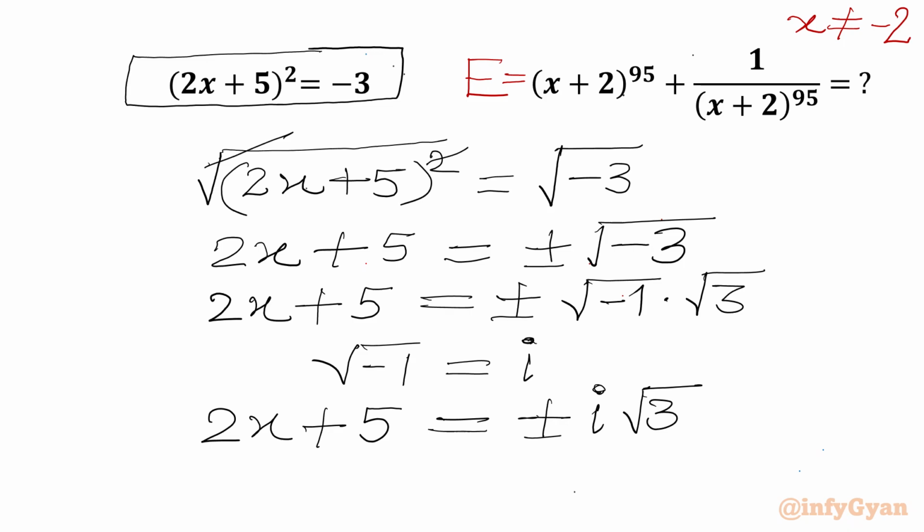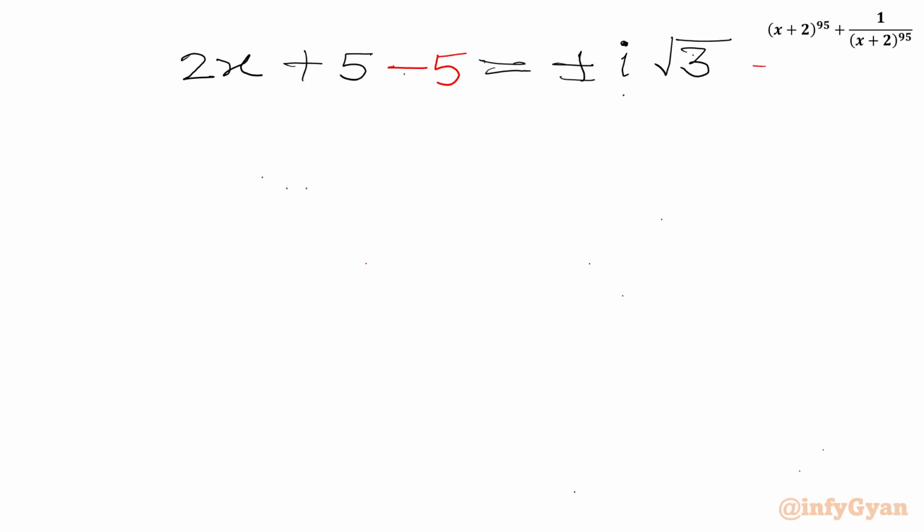Now we will subtract 5 from both sides. So I will write minus 5, minus 5. So plus and minus 5 will be cancelled out from our LHS.